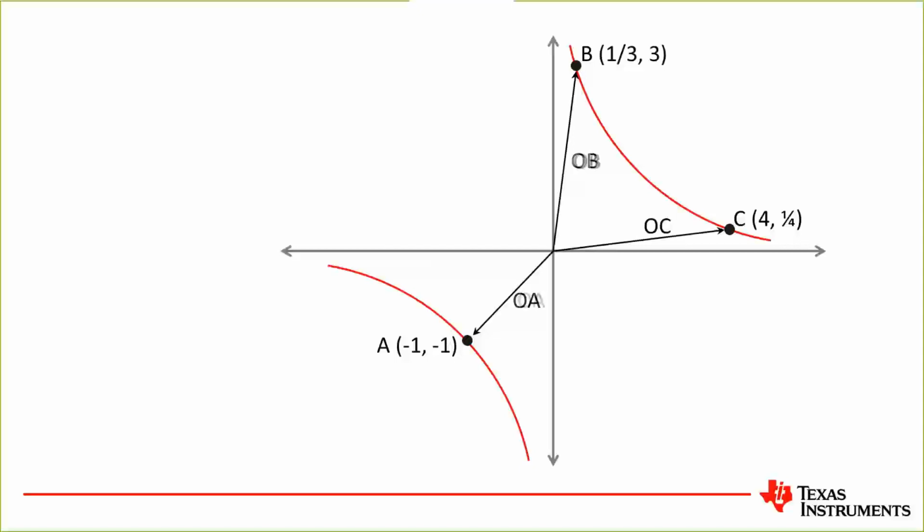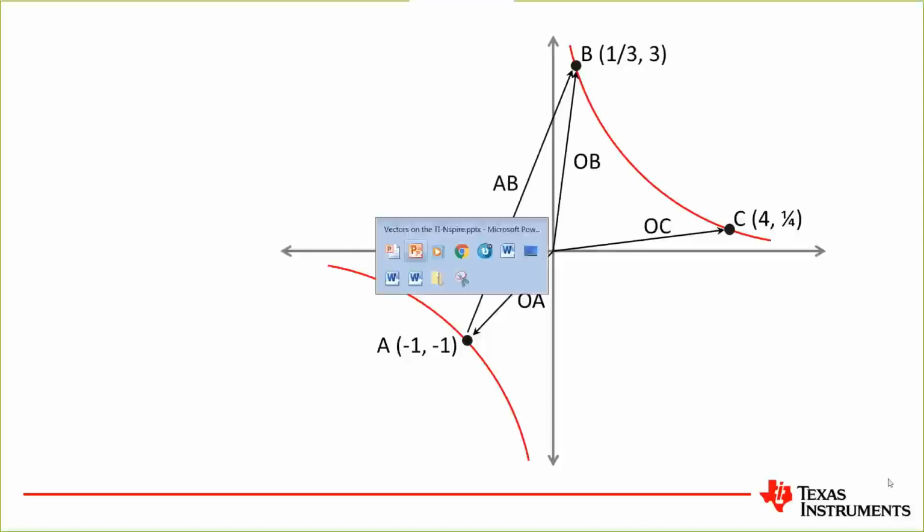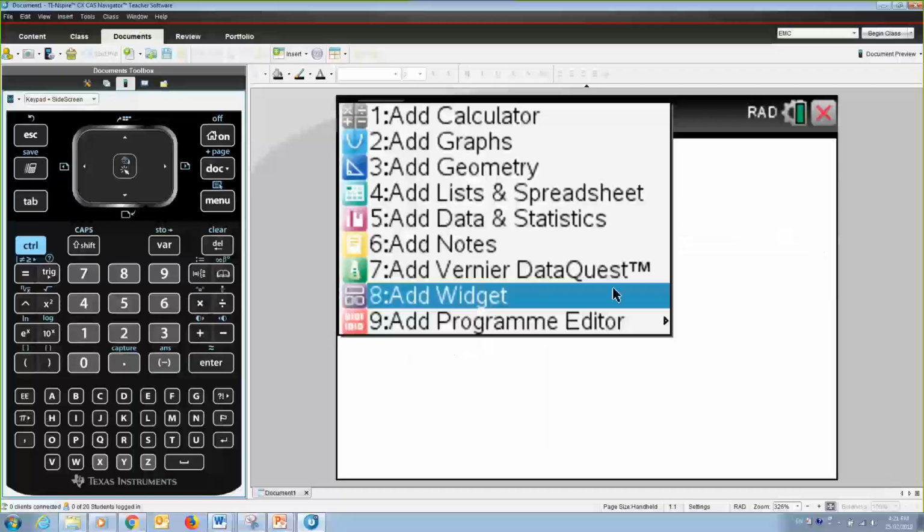Then students calculate things like vector AB, which we know is the reverse of OA plus OB. Now, whilst the calculator doesn't understand reversing the O and the A, we can use a negative sign. So, let's go into our Nspire software and see how we do all of this.